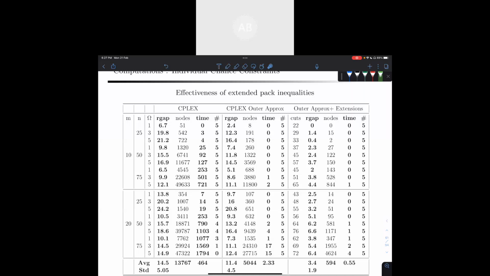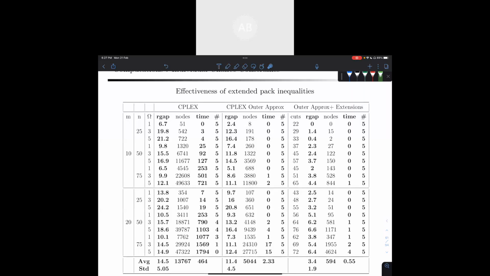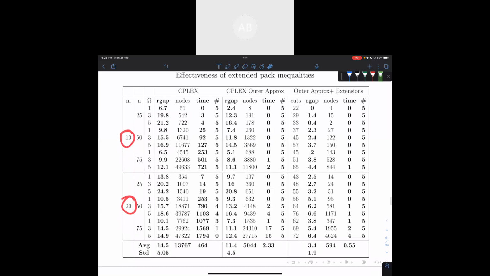And it turns out that when we solve these problems, where our number of variables range from 25 through 75, and our constraints range from 10 to 20, you see that on average, this is the root relaxation gap. That is, the first time you solve this continuous relaxation through the simplex method, the percentage gap between that solution and your optimal solution.